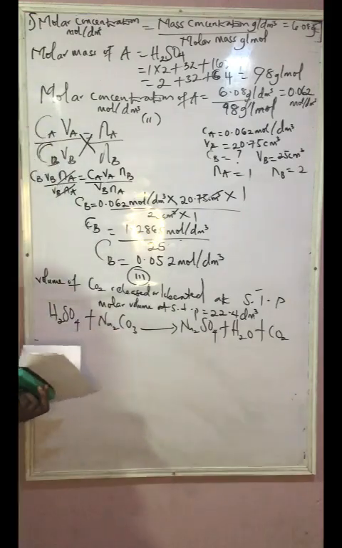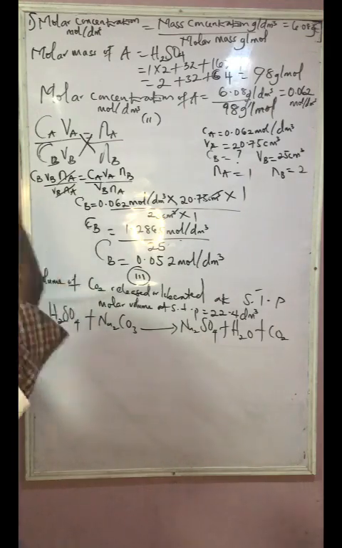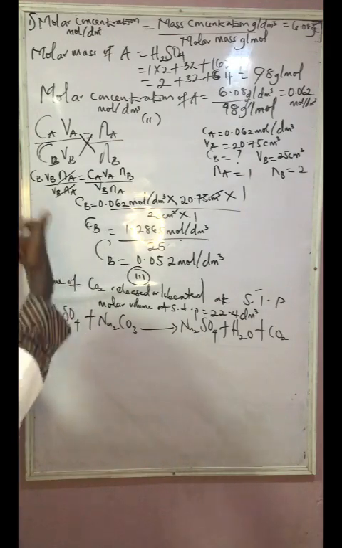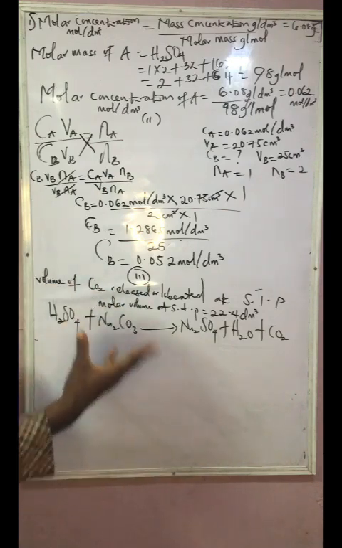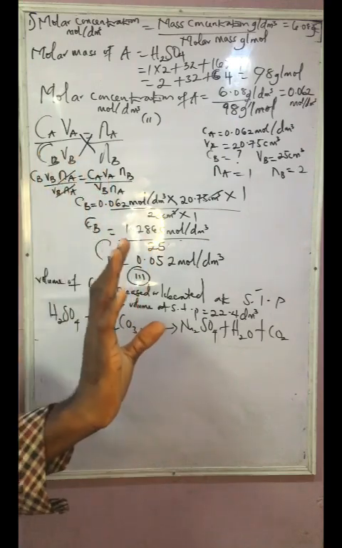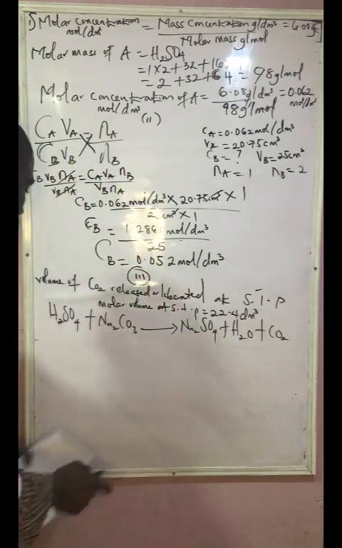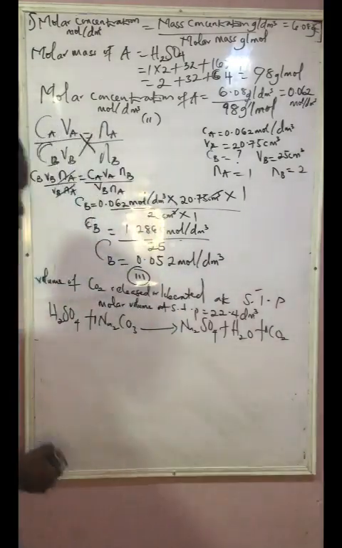So guys, how do we calculate for this? It is very, very simple. The value for our CB, which is the concentration of the base, is 0.052 mole per dm cube. But before we go there, look at this. We have one mole here. We also have 1 mole here.